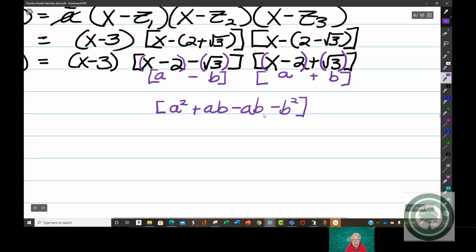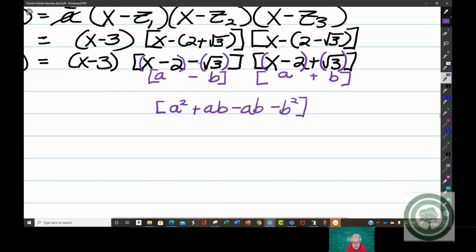You following okay? I let x minus 2 equal A, and the square root of 3 equal B, because I noticed that x minus 2 and x minus 2 match, and the square root of 3 and the square root of 3 match.